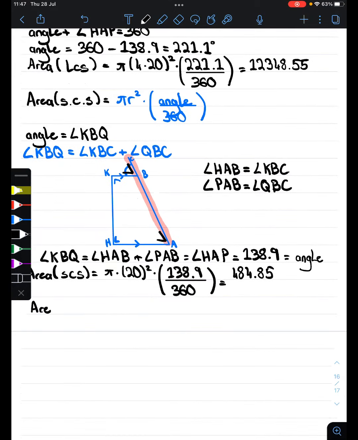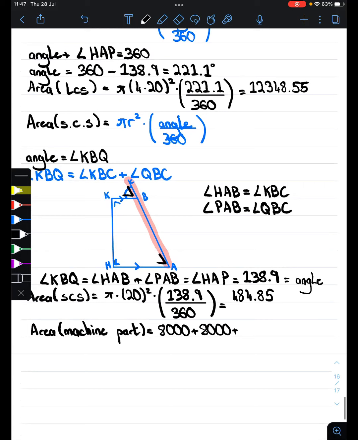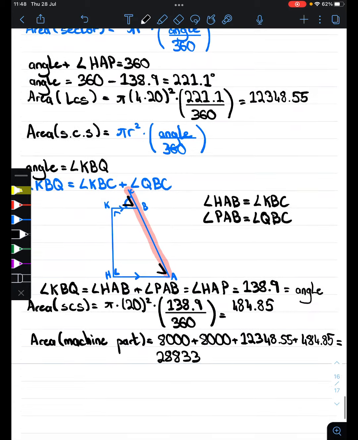So the area of the machine part is 8,000 plus 8,000 plus 12,348.55 plus 484.85, which equals 28833.4, or rounded to the nearest centimeter, just 28833 centimeters squared.